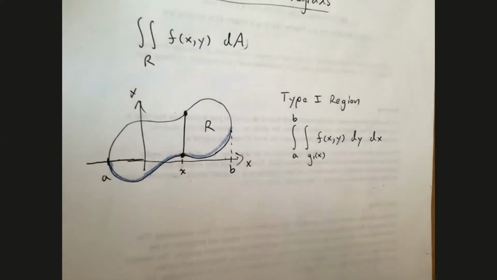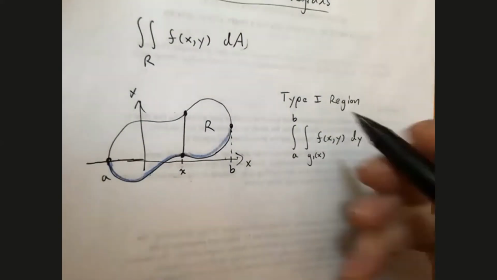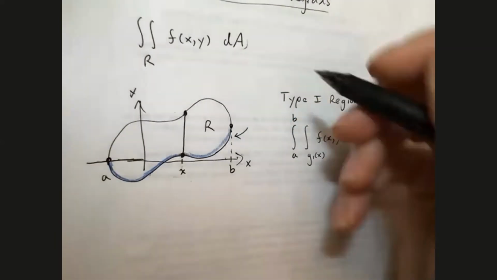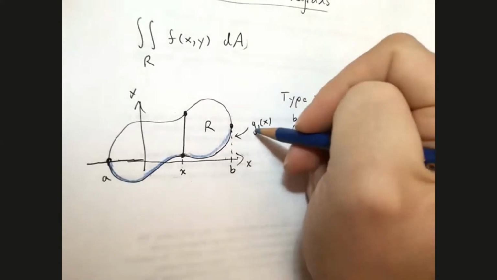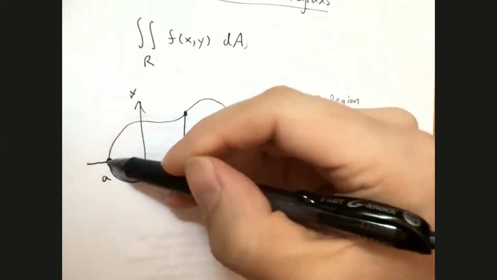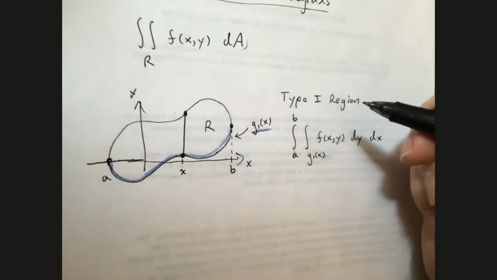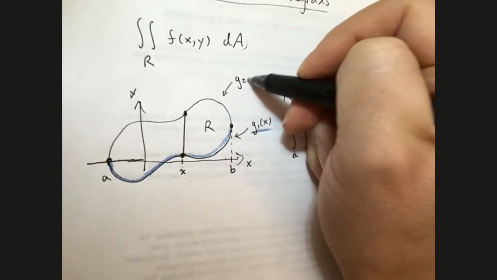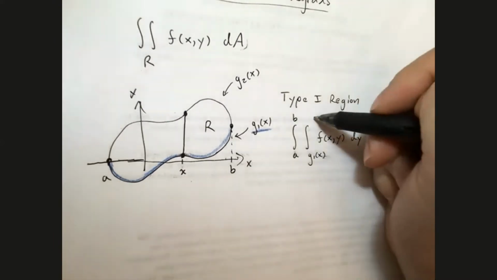That function that takes me from here to here is g1 of x, represented by the blue line. And how high do I go? Well, I go to the height of this curve. I'm going to call that g2 of x. That's also a function of x. So that's how high I go.